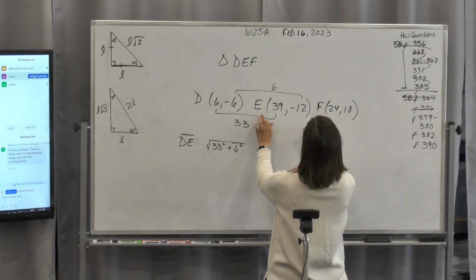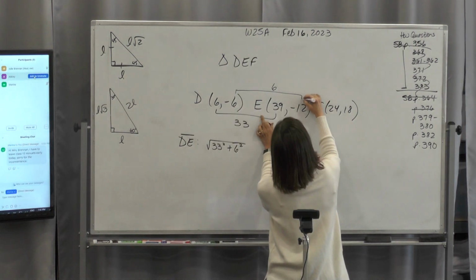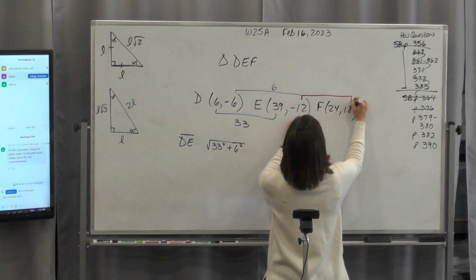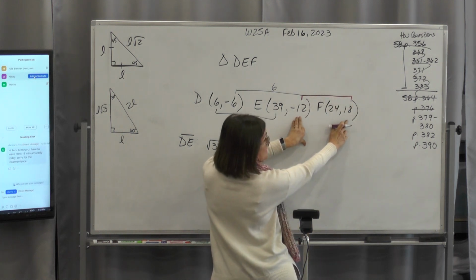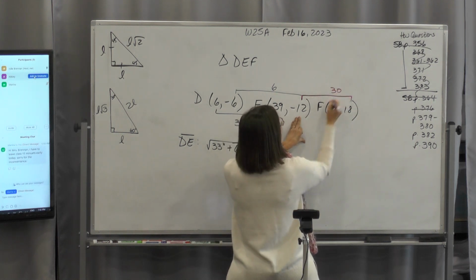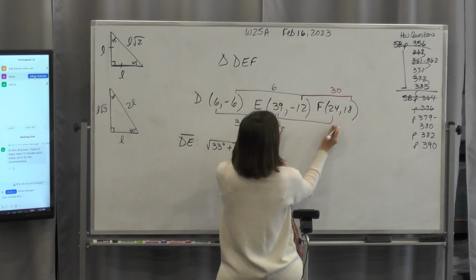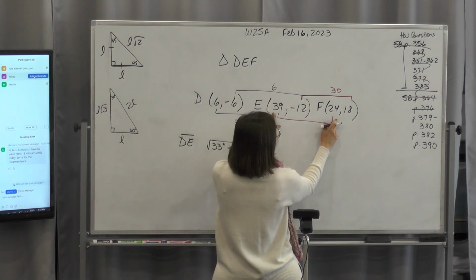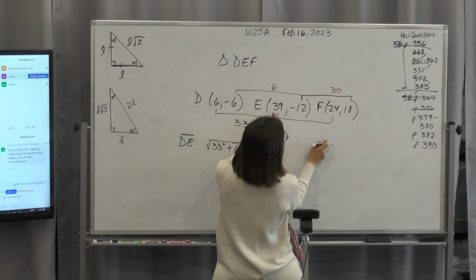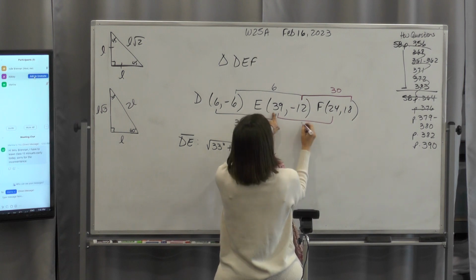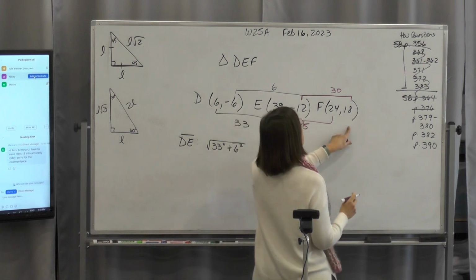If I want to do EF, I'll use a different color here. Between negative 12 and positive 18, I have a distance of 30. Between positive 39 and 24, the difference is 15.